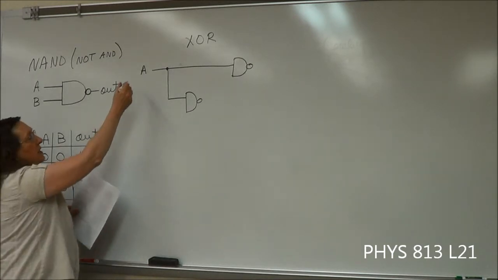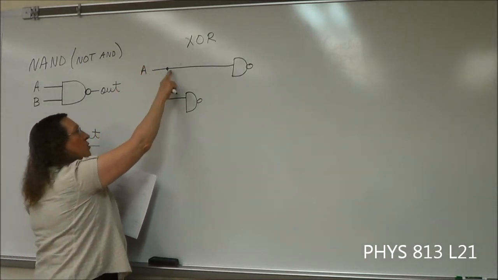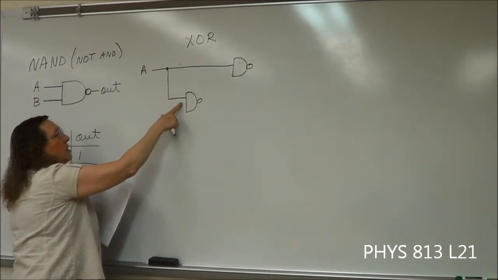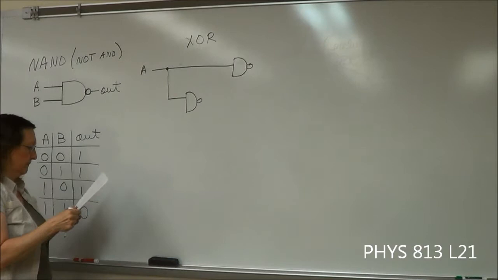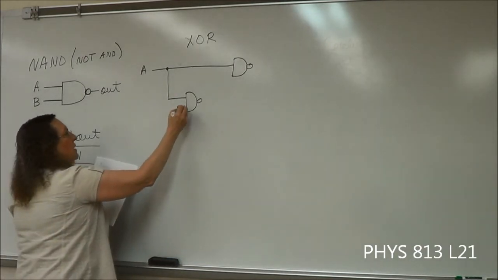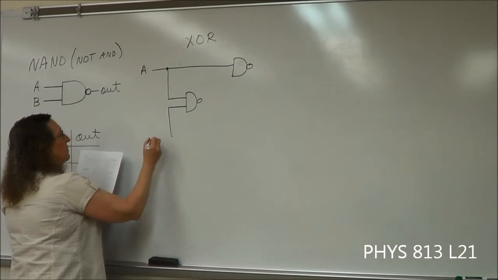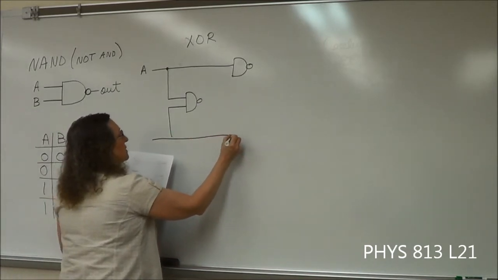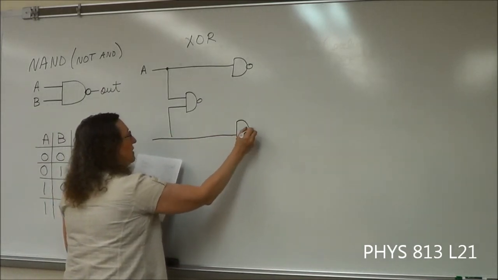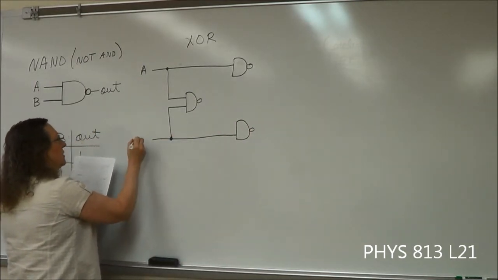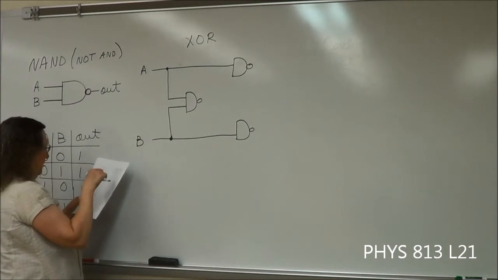It means that the value of A goes over here to this NAND, and that same value comes down to this other NAND. And then we have something similar down here. This goes over, we have a NAND, that touches there, so that's joined. This is B.